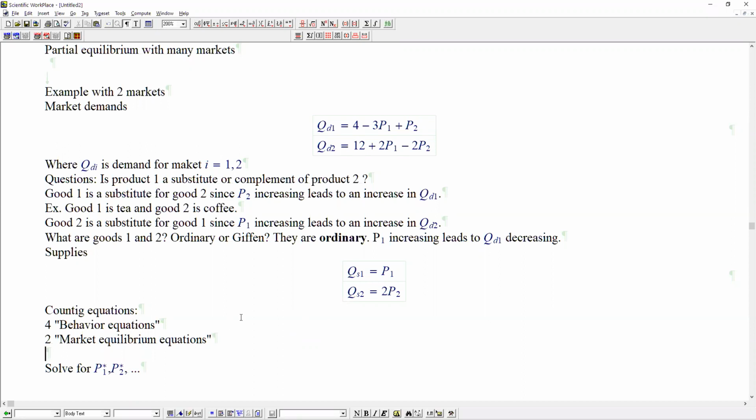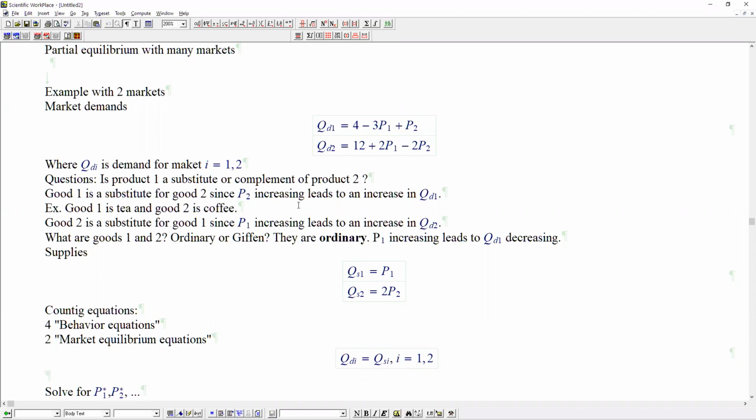QDi is equal to QSi, for i equal to 1 and 2. So I get 2 others.